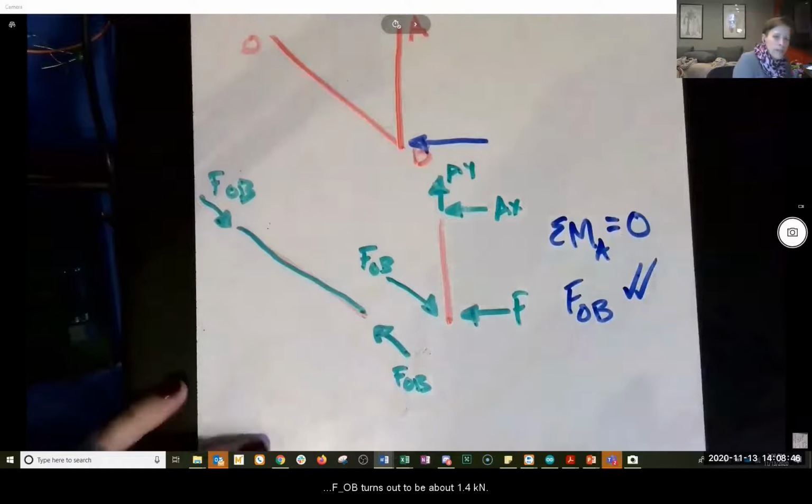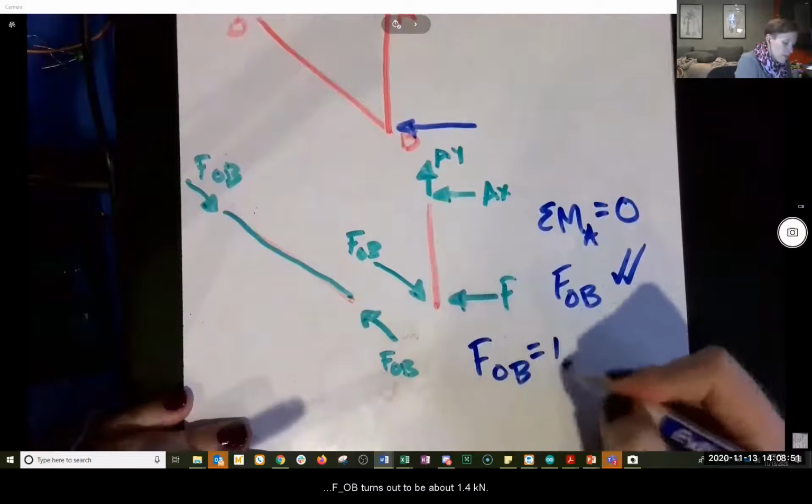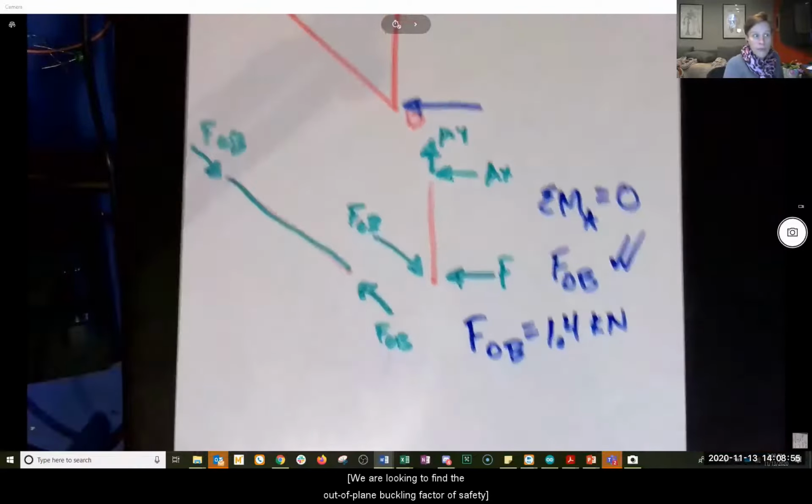Sorry, there was a discrepancy in my notes, but FOB turns out to be about 1.4 kilonewtons. So we're just going to put a pin in that.